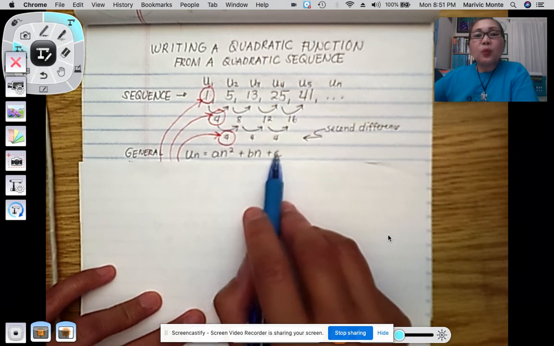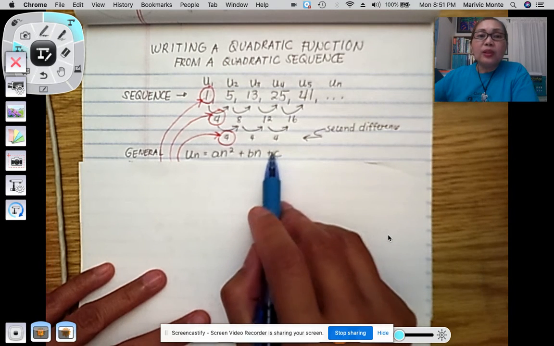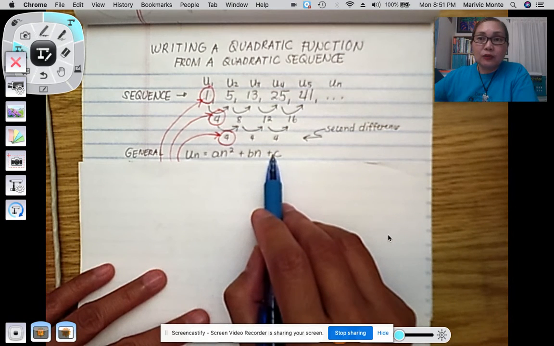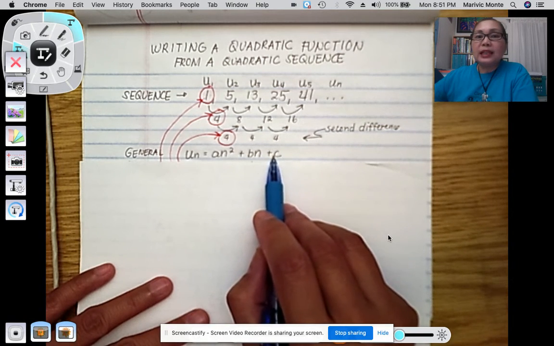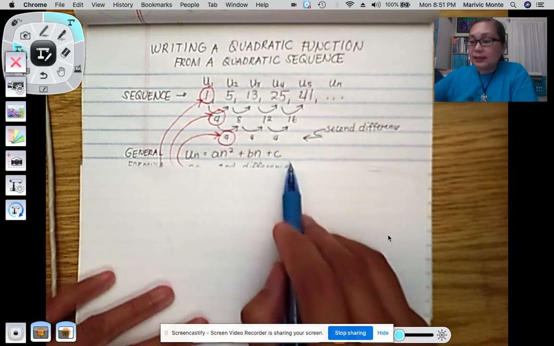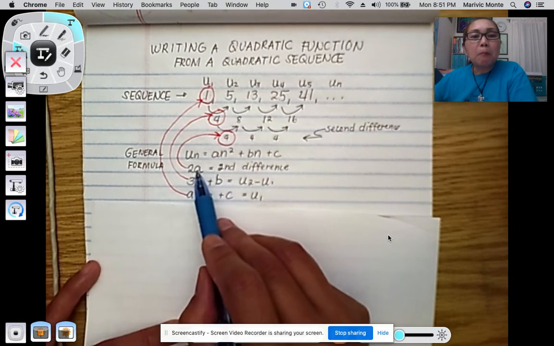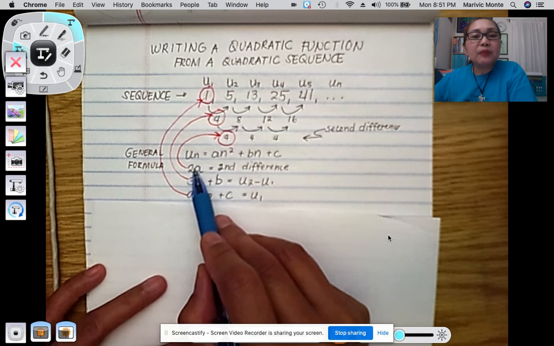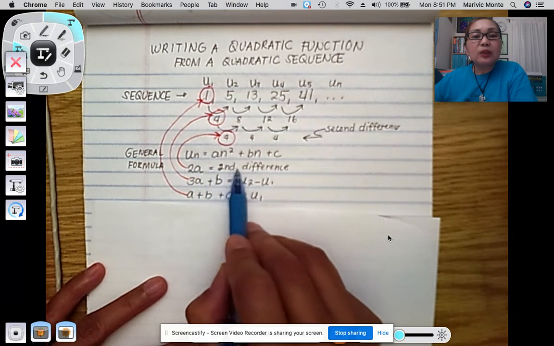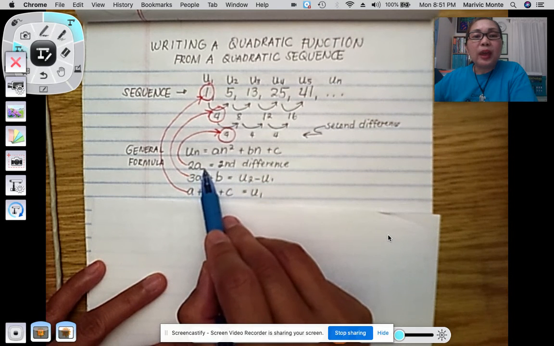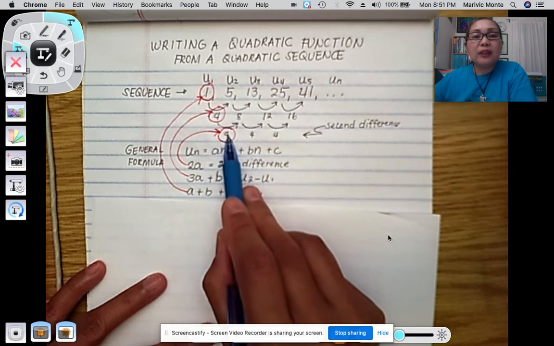We also have all these relationships already laid out for us, so we can easily find a, b, and c. The first one says 2a equals the second difference, which is 4.